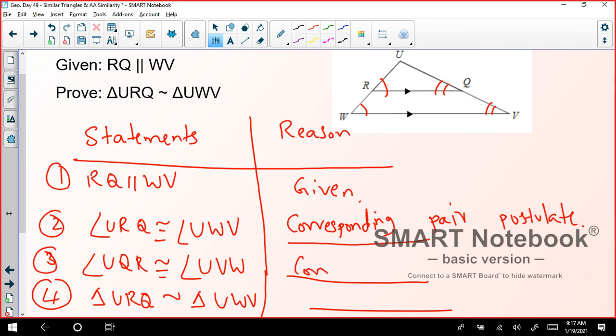These two will be the corresponding angles because the lines are parallel. And these two triangles are similar by AA similarity.